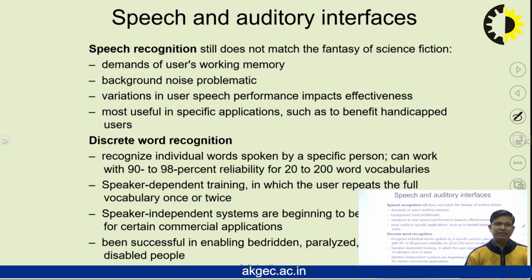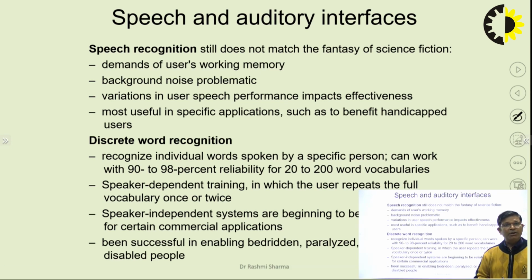Word recognition, which recognizes individual words spoken by a specific person, can work with 90 to 98% reliability for 20 to 200 word vocabularies. Speaker dependent training has the user repeat the full vocabulary once or twice.